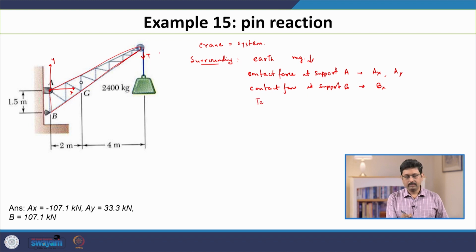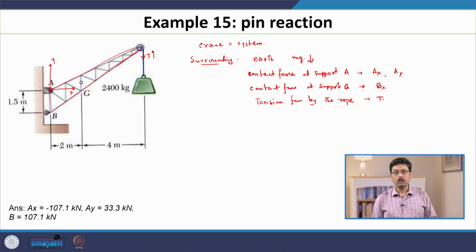The crane is also exerting an upward force on the rope, by Newton's third law. The force on the crane by the rope is downward, and that is the tension force, called T.